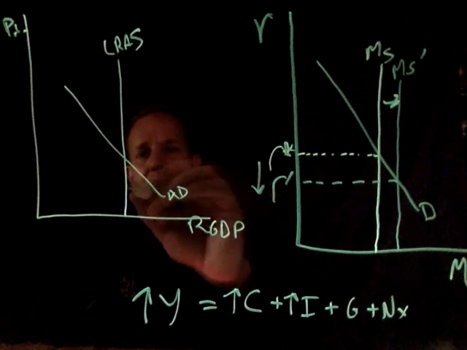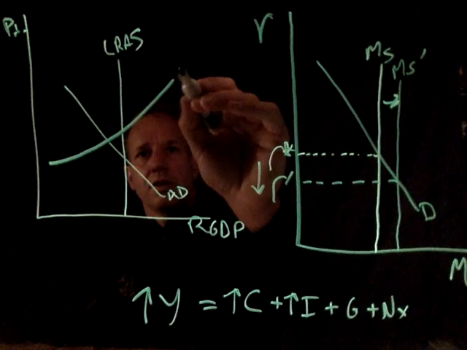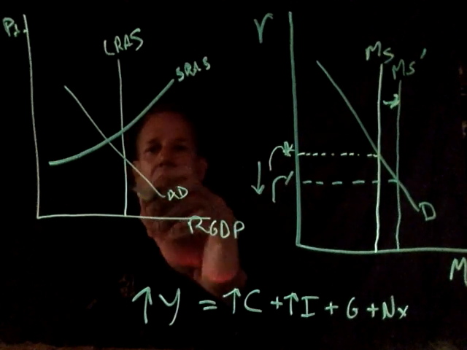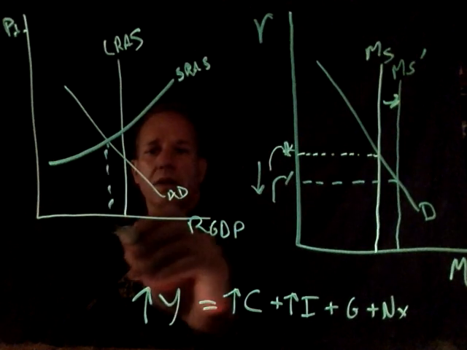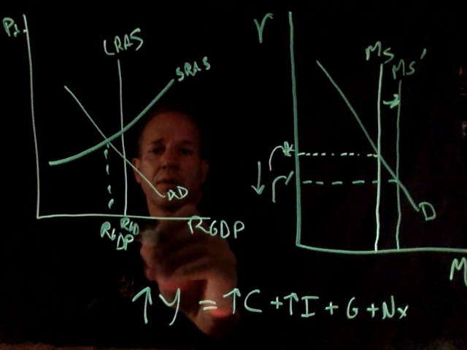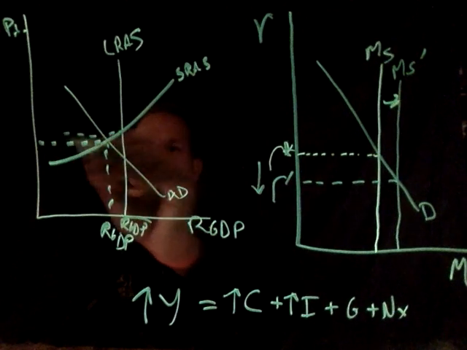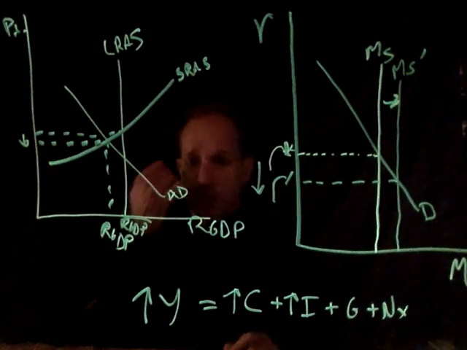Should have drawn this last. I want this to be like here. Here we were at a recessionary gap, below our long-run potential, when things, as I said, weren't good. There's downward pressure on prices anyway.